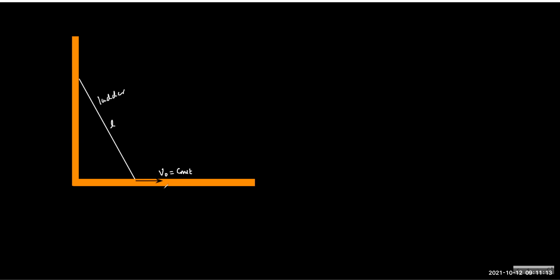So any agent which is pulling the bottom is maintaining the speed. At a given instant, this angle is, let's say, theta. Now the information given to you is that the bottom is moving with velocity v naught. So we know the velocity of one point of the body, which is the bottom, but we have no idea about the velocity of the other point.